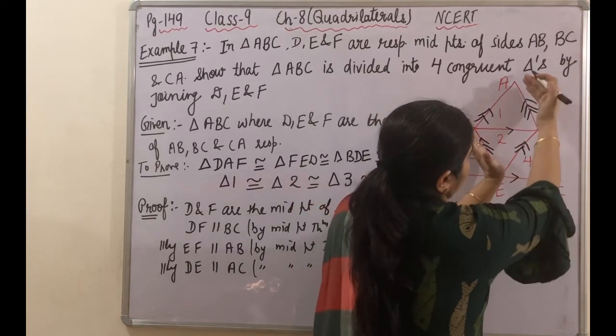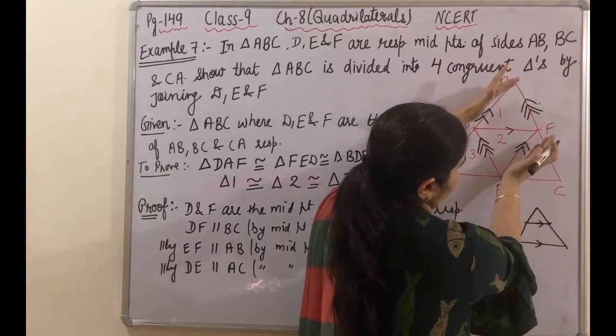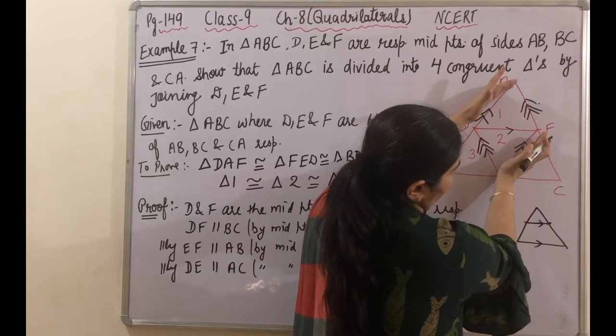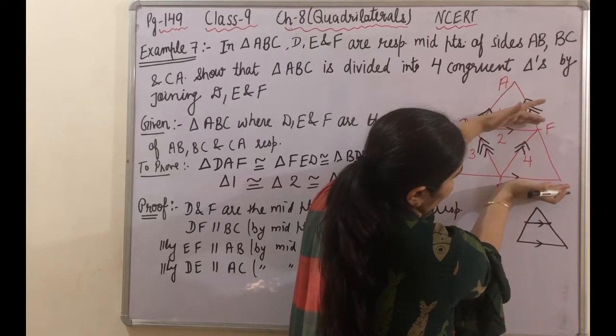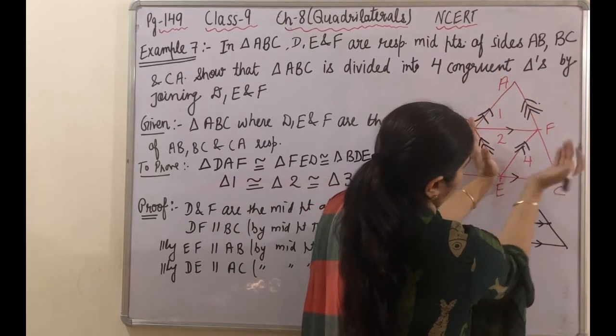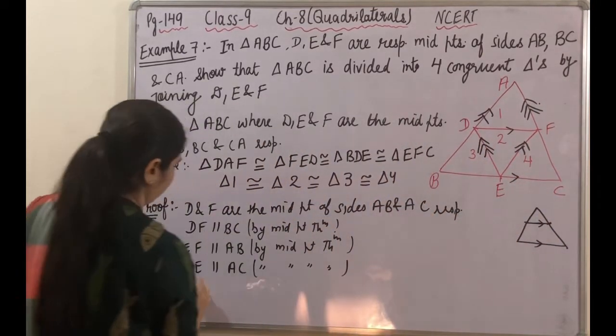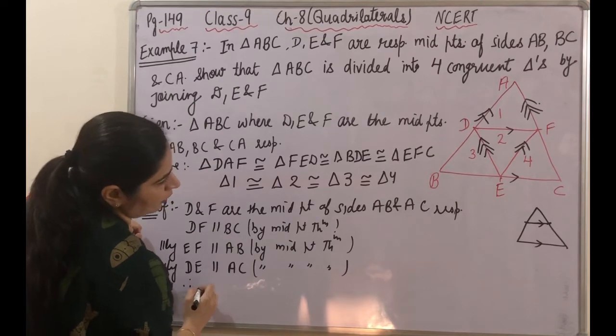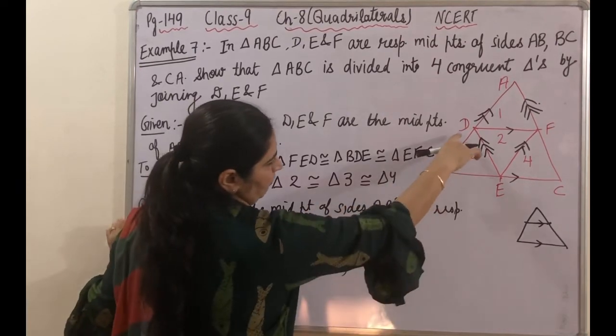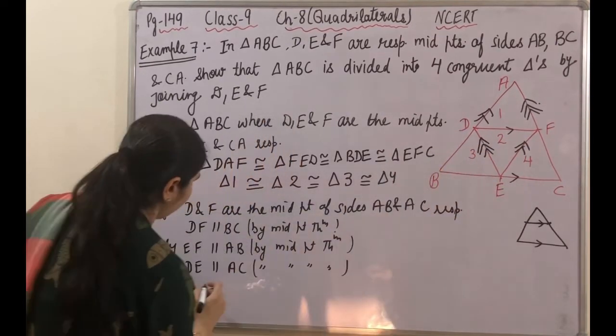Similarly, these 2 are parallel, these 2 are parallel. Again it will be a parallelogram. Now in this one, these two are parallel, these two are parallel. So we can write this is also a parallelogram. Therefore I can write BDFE is a parallelogram.